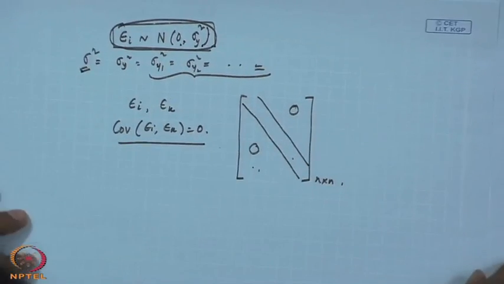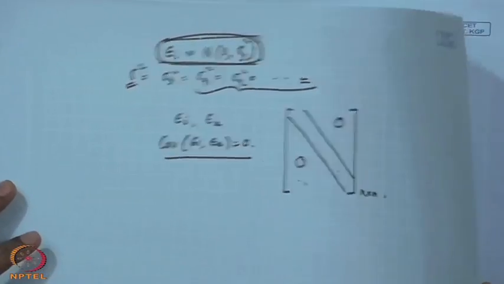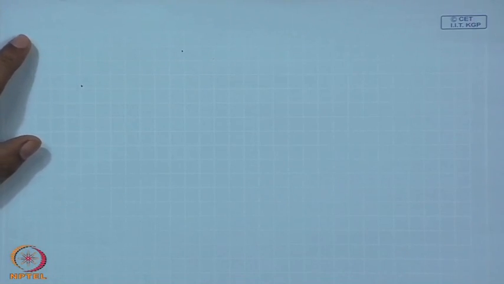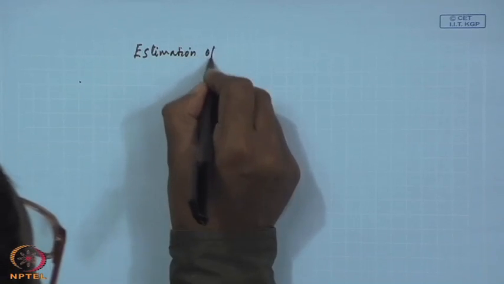We will test all those assumptions later on when we fit the regression equation and it is required to be tested. Once you are satisfied with the data, that examining the data you find that the assumptions are reasonably valid, then you will go for fitting, that is estimation of model parameters.